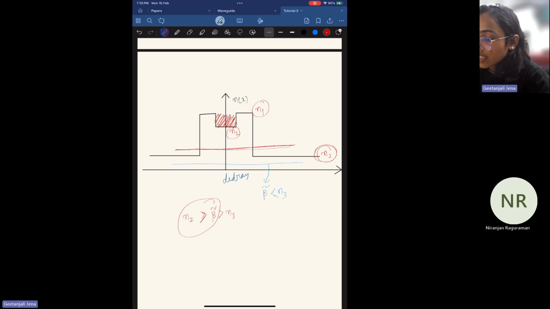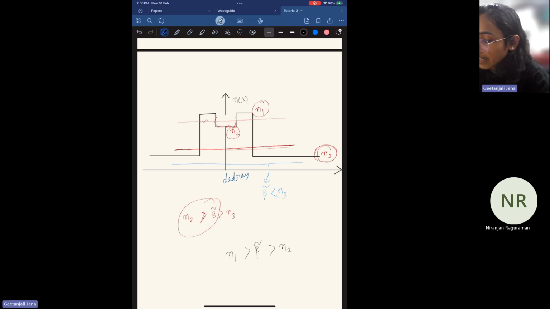So this we also don't want. The last option we have is here, beta tilde less than N1 but greater than N2.